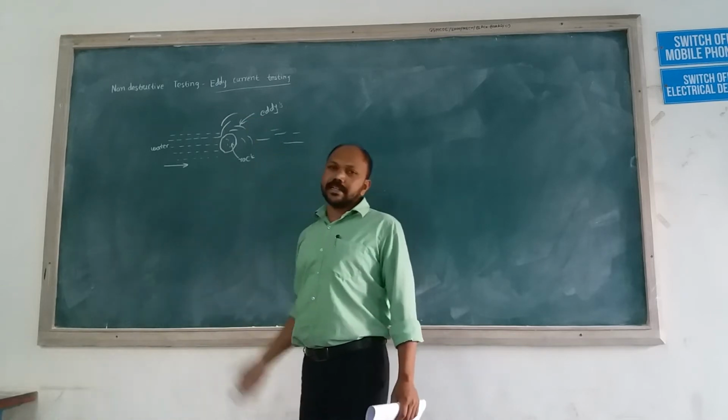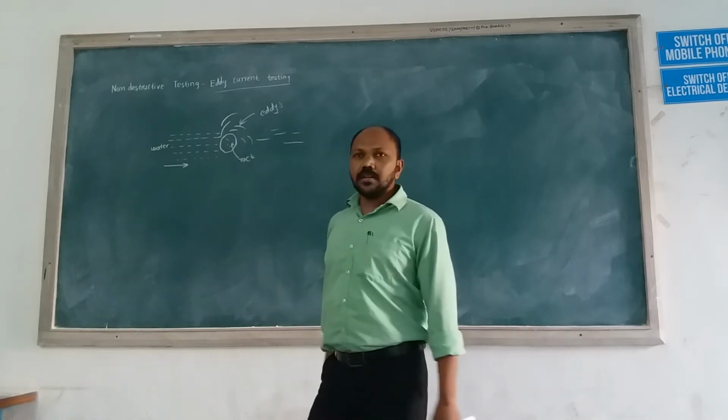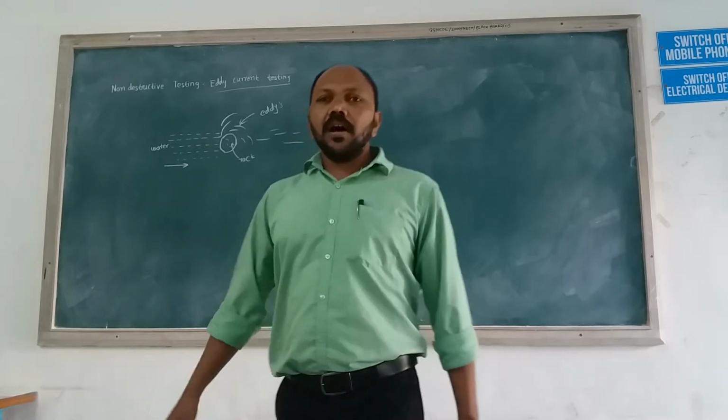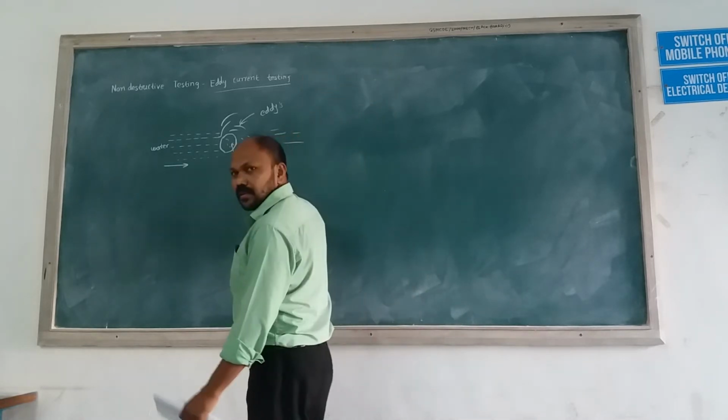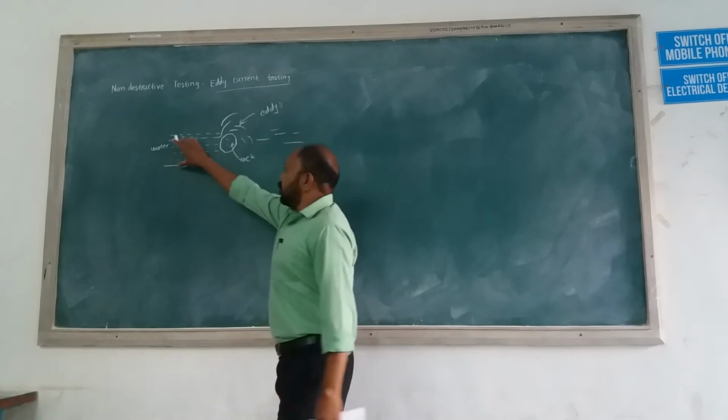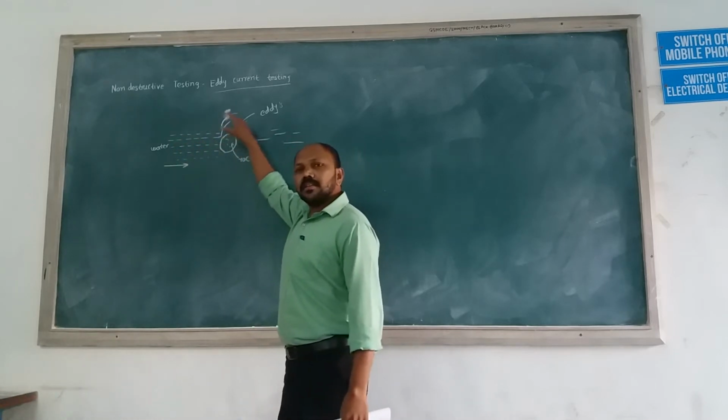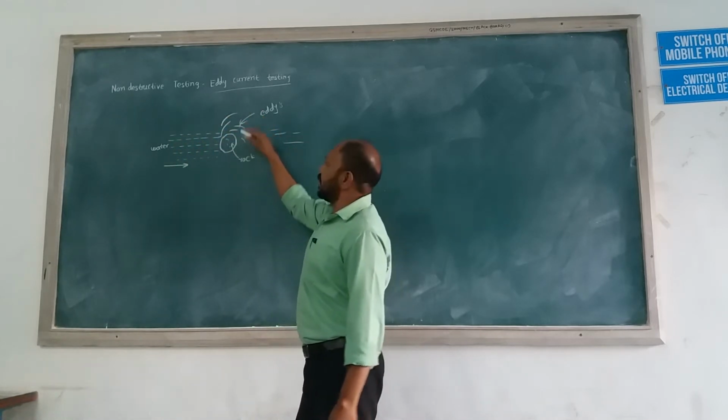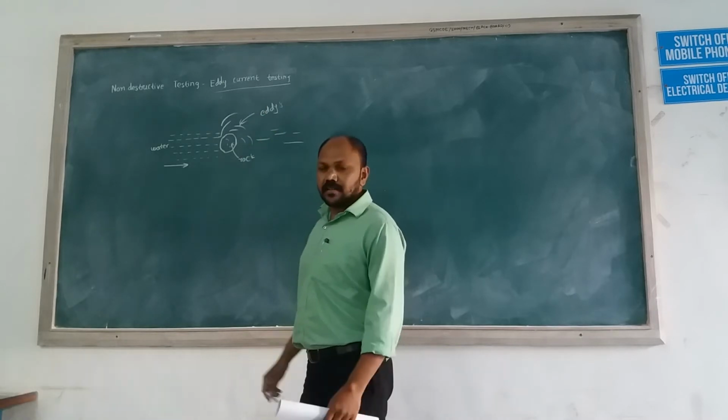Okay, so it is correlated. In the next discussion we will see how it is related. When an obstacle comes, this type of swirling takes place, and this is nothing but eddies.